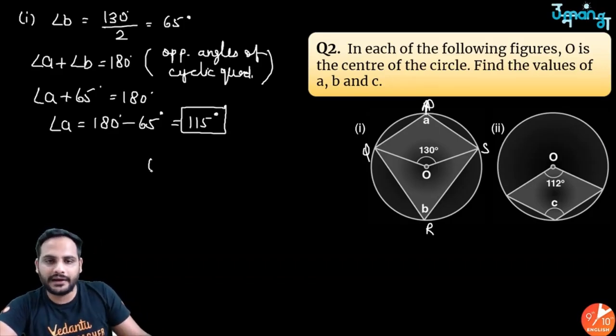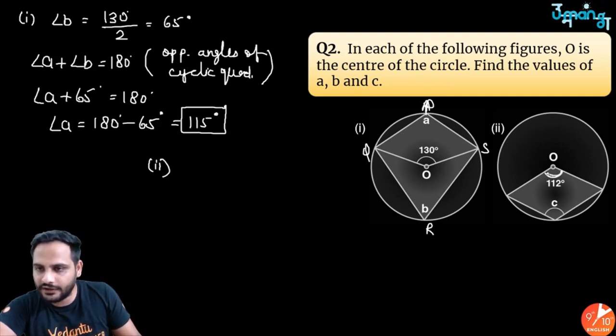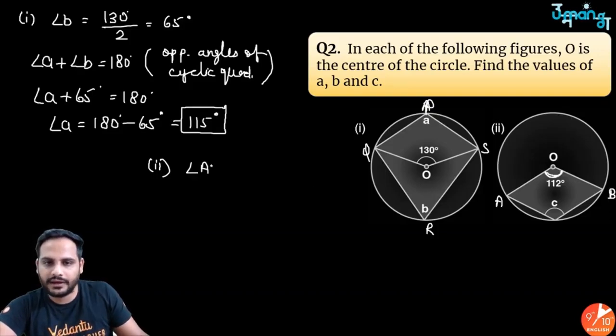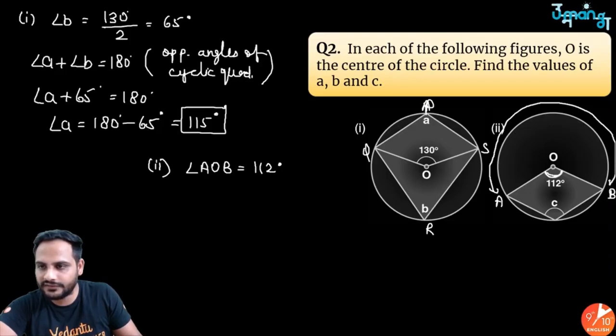For the second part, see, if this angle is 112 degrees, let us say it is AB. So angle AOB is 112 degrees. So remember, this angle C will not be half of 112. No, angle C is in this arc. So this will be half of the angle subtended by this arc.